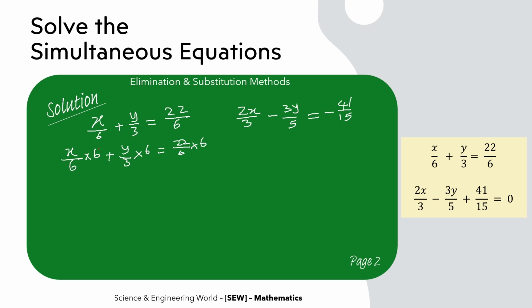We take away 6 here and 6. Then we have x plus, 3 will go in 6 2 times, so we have 3 here and here 2. So we now have plus 2y, and then equals to 6. We cancel 6 there, and we now have 22.